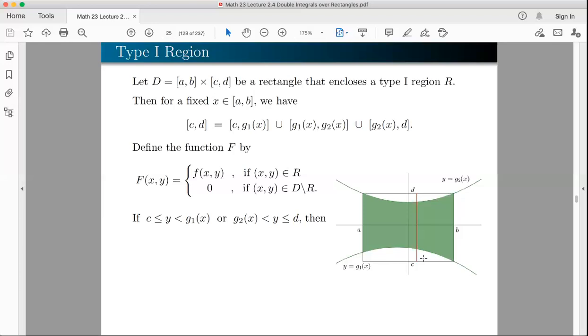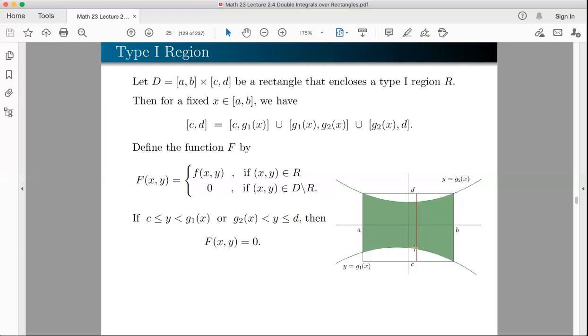Take note that if your y is between c and g sub 1 of x, then you get a point which is outside the region R. Also, if your y is between g sub 2 of x and D, you get a point which is outside the region R. So the value of big F there is 0.